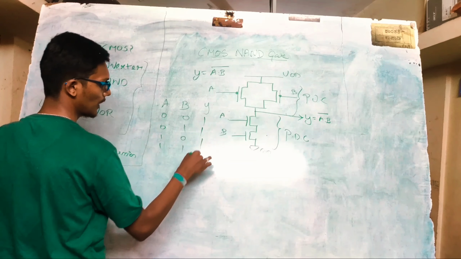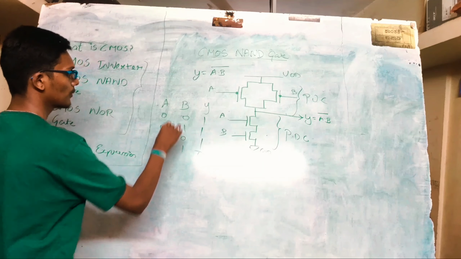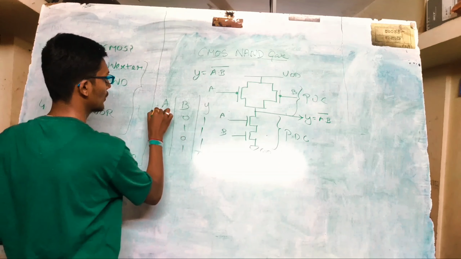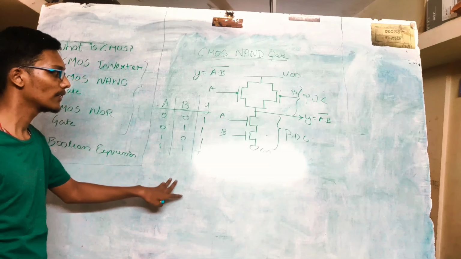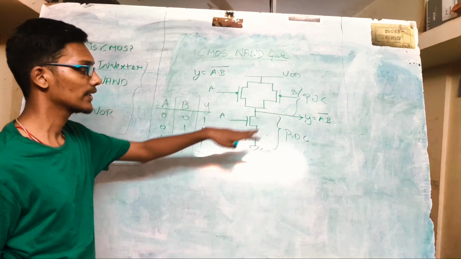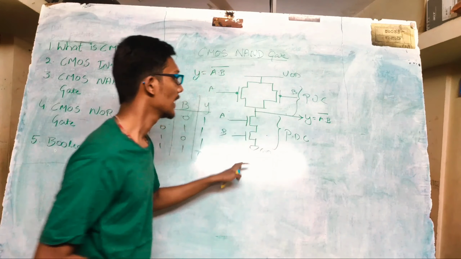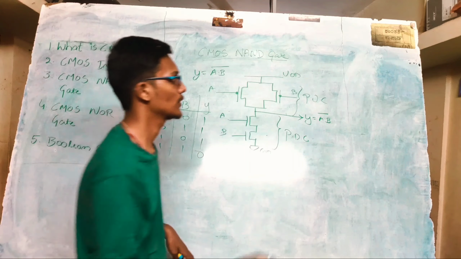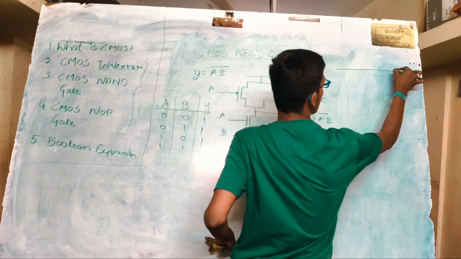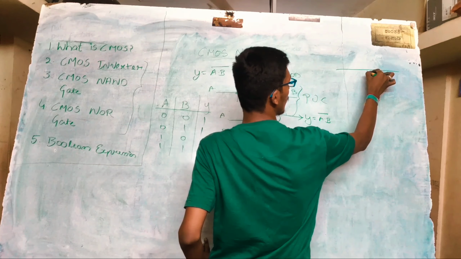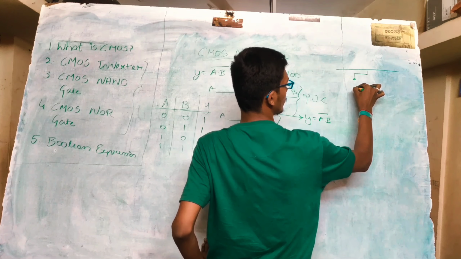Like this 1, 0. This is my truth table of NAND. We will be verifying this using switch logic. In switch logic, every transistor is considered as a switch, right? So I'll replace every transistor with the help of a switch.